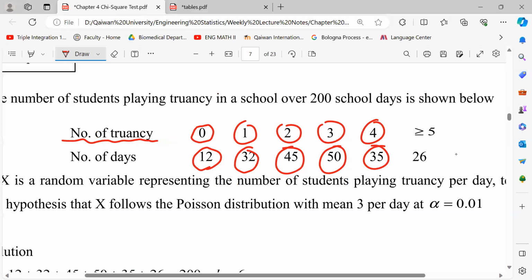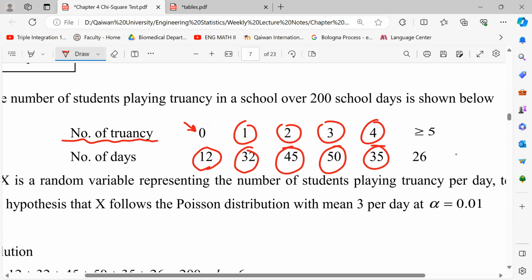So we have 0 truancy in 12 days, over 200 school days.